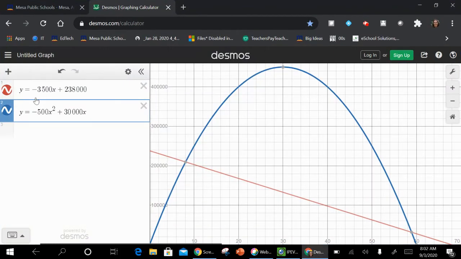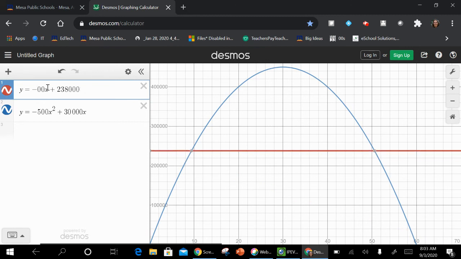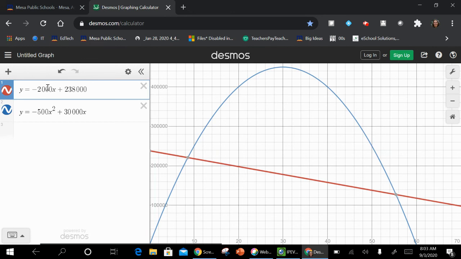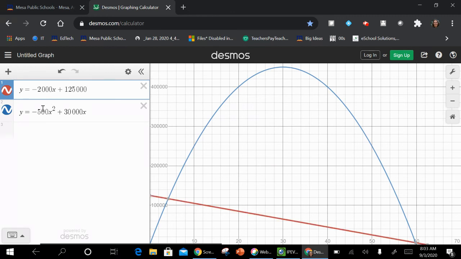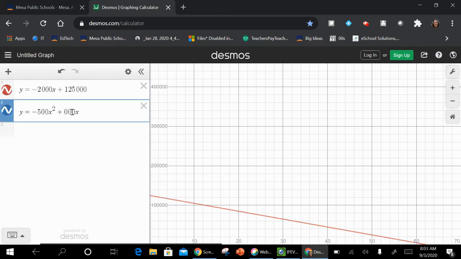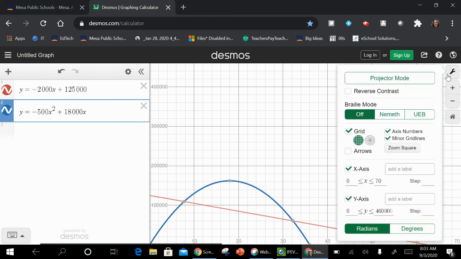And then we can use that to go ahead and graph. I can just put my numbers in for this one. Definitely want to change my settings on this one.